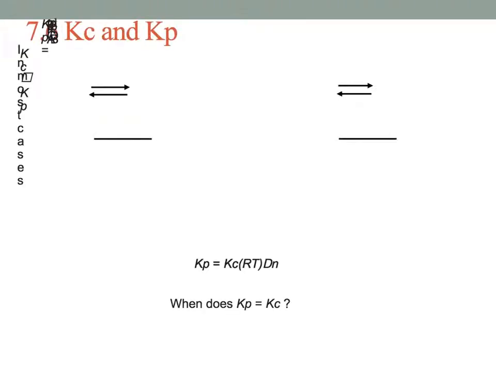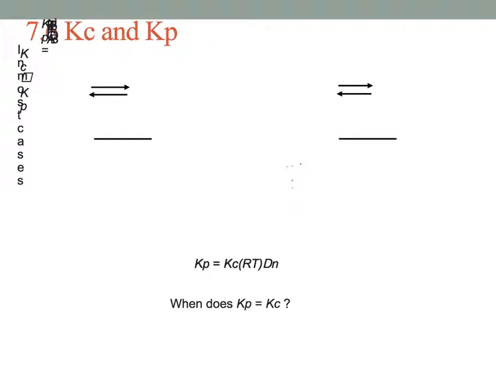So the last thing we're going to do is look at how the equilibrium constant is related. There's two different types of values for the equilibrium constant. We know that if we're talking about a gas, we can either express that gas in pressure or in concentration terms. We can express it in pressure in terms of atmospheres, torr, Pascal, bar, whatever unit of pressure we would use to express a pressure quantity.